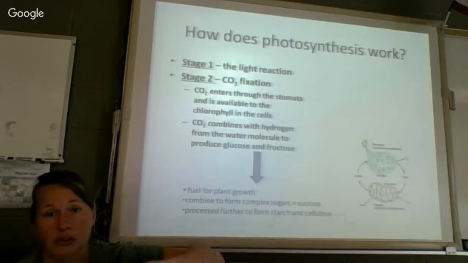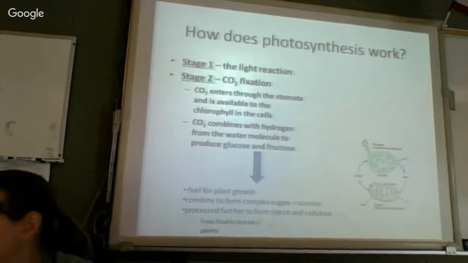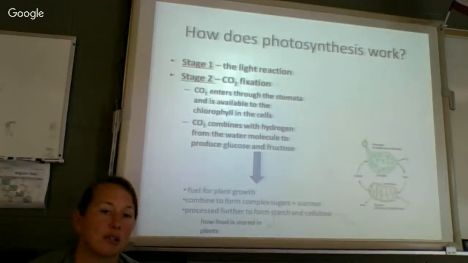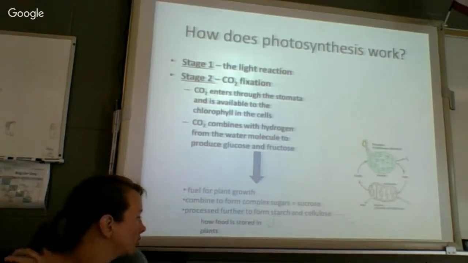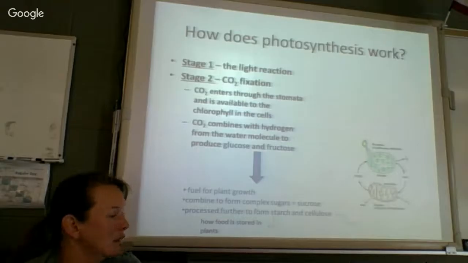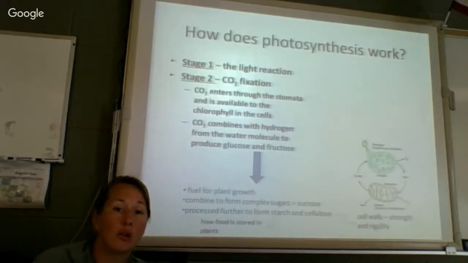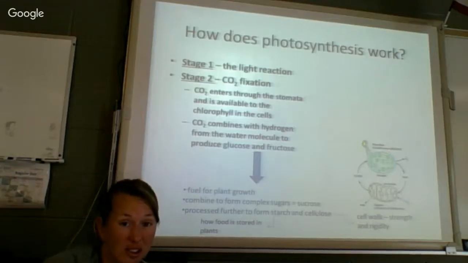What's your favorite starch in America? Potatoes. That's a really complex storage form. They go down in the ground, they make a potato, and that's an energy source for that plant. And then cellulose. When we talk about cell structure, the cell wall is made out of glucose.